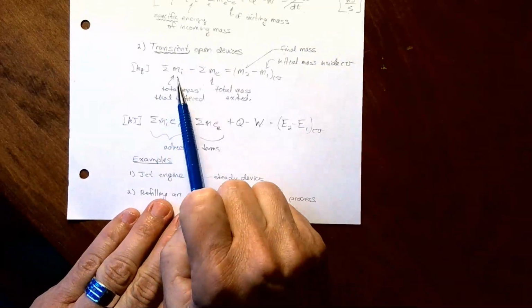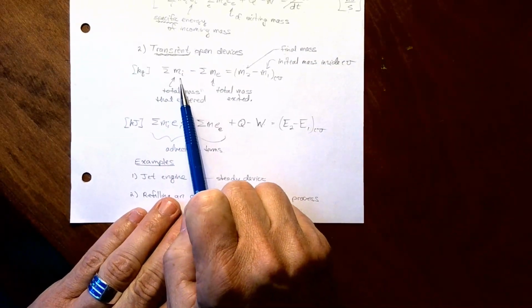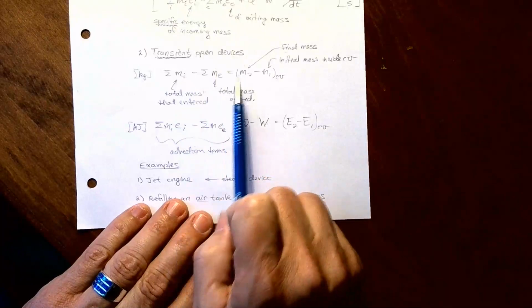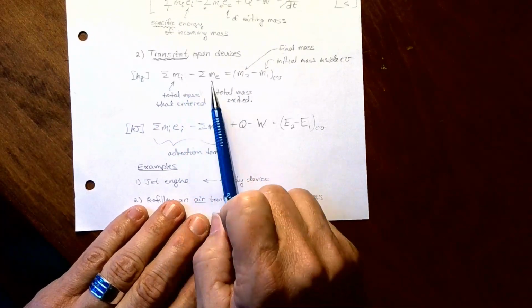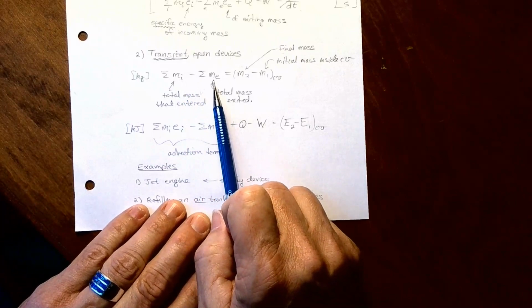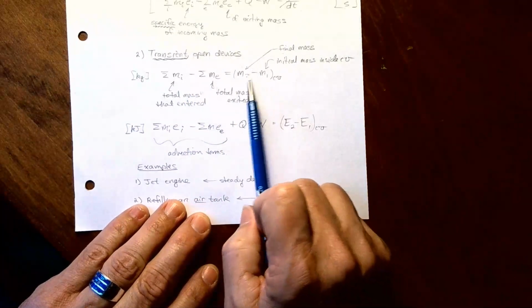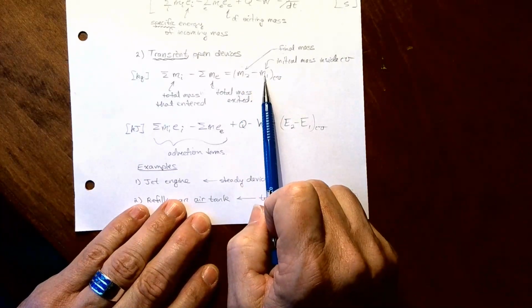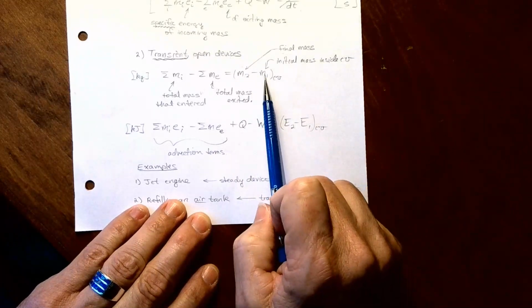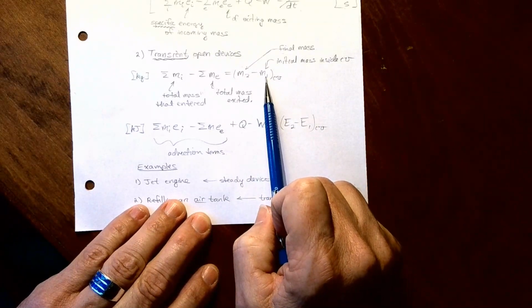Conservation of mass then looks very similar to the one for open steady, except that there's no dots again on any of these. So the amount of mass that's come in during the process minus the amount of mass that has exited during the process has to equal the change of mass in the system, M2 minus M1. So this M1 means the mass that's inside the volume at time 1.